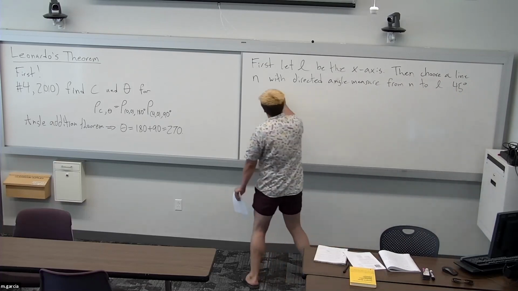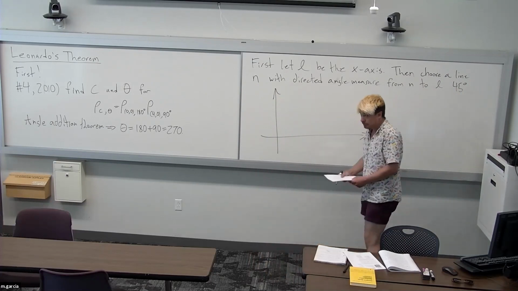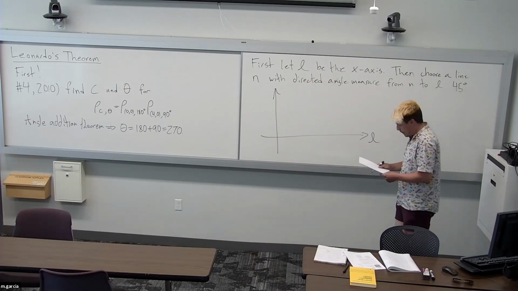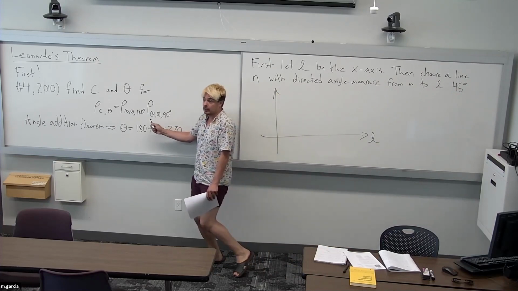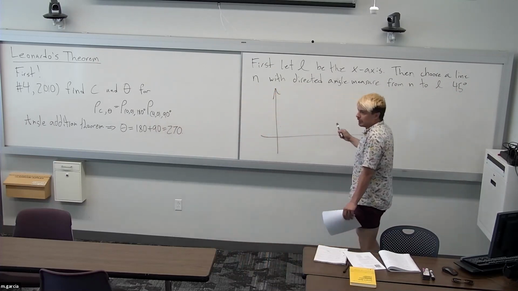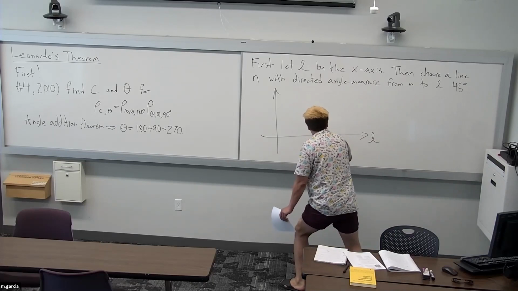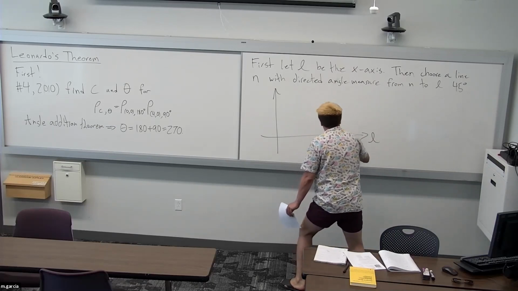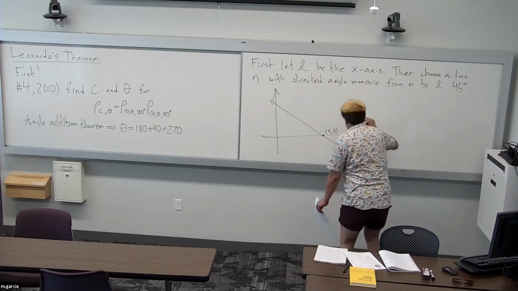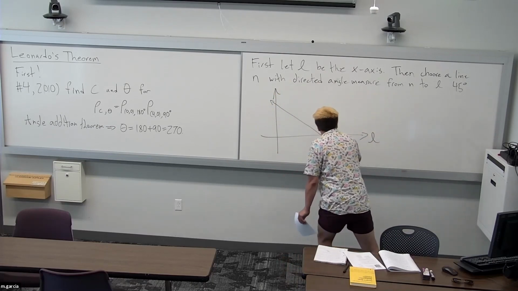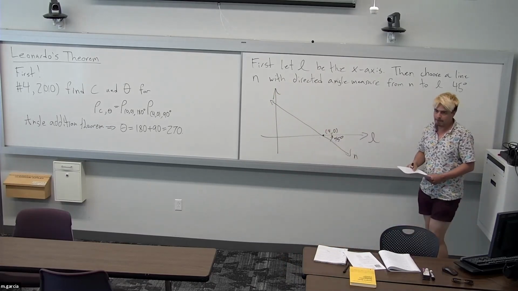Okay, so let's draw a picture here. Choosing my x-axis to be L, and then I want to choose an N which passes through the point 4, 0 that has directed angle measure 45 degrees from N to L. So here's my point 4, 0, and this is my line N. This is my directed angle measure, 45 degrees.